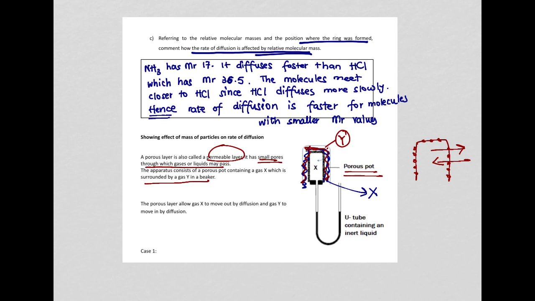This means that the pressure inside the pot is going to decrease. There is a decrease in pressure, so a suction motion is set up because the gas is leaving the gas jar. So the level of liquid goes up on this side, therefore the level of liquid goes down on the right hand side.